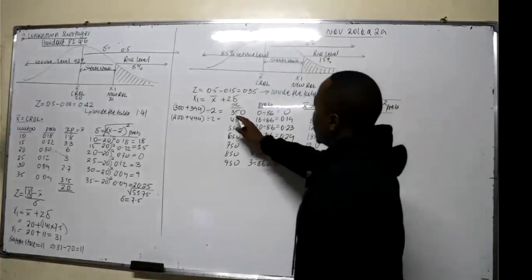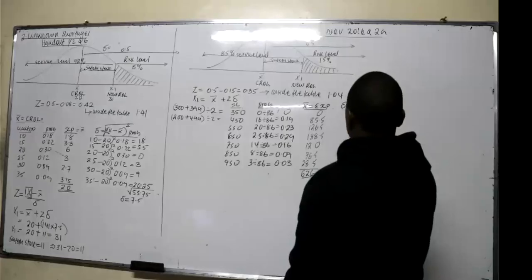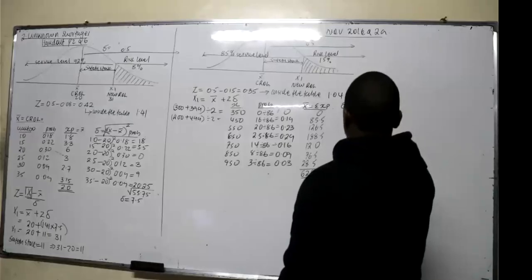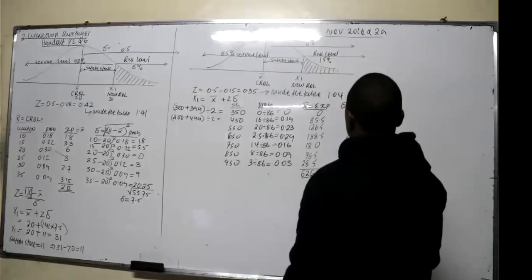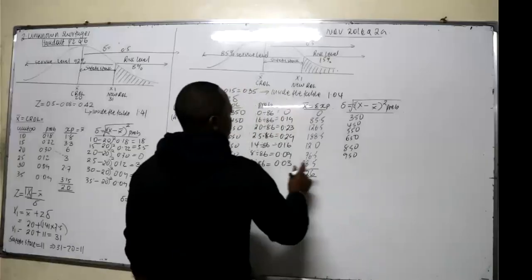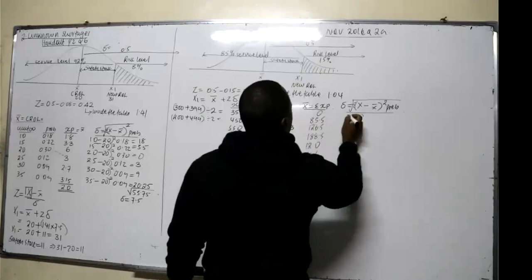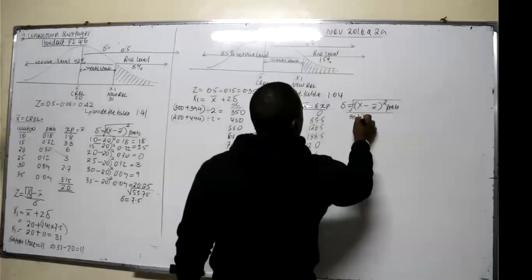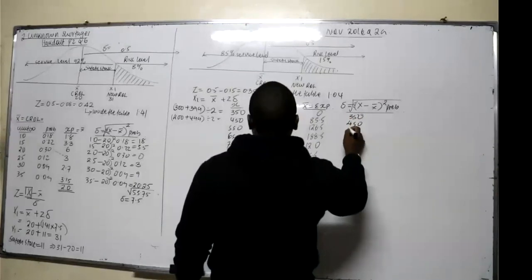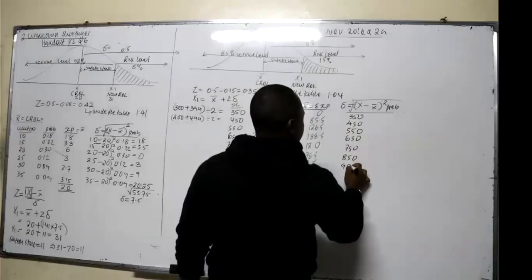So like this one, you take 350, 450, 550, 650, 850, 950.